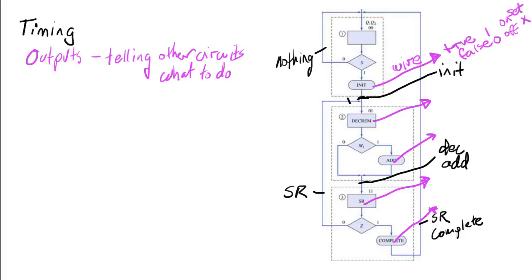Now I'm going to talk about the inputs. We have an input right here, but it's the clock tick right here where it looks at the input. So S has to be set up and hold its value through this clock tick. M1 has to be set up right here and it's looked at right there.